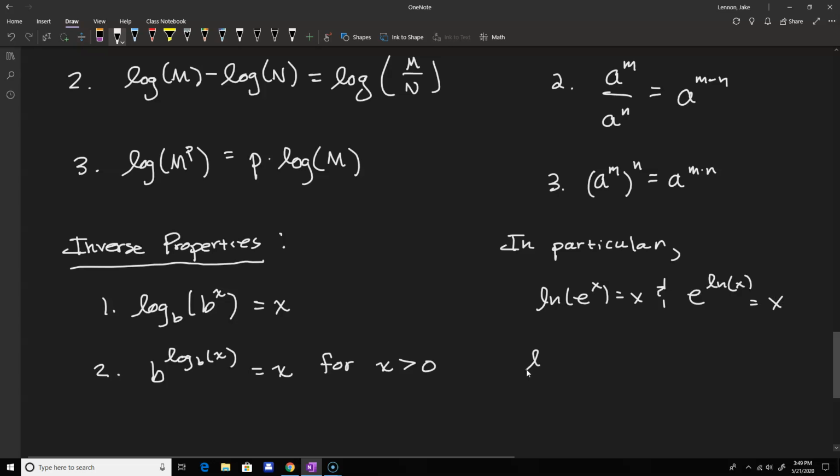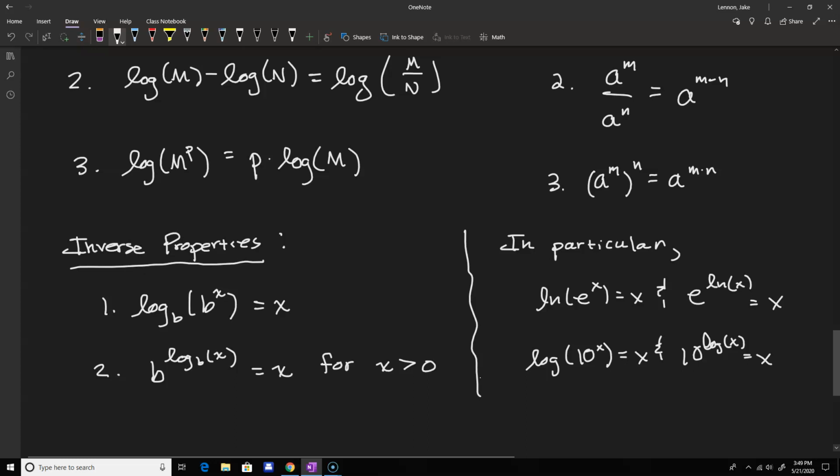And also, if you did the log of 10 to the x, you would get x, and 10 raised to the log of x would come out to x. In those second properties, again, that's only true for positive values of x, but I just wanted to highlight those since we're commonly just using log and natural log, those are the ones that we recognize most frequently.